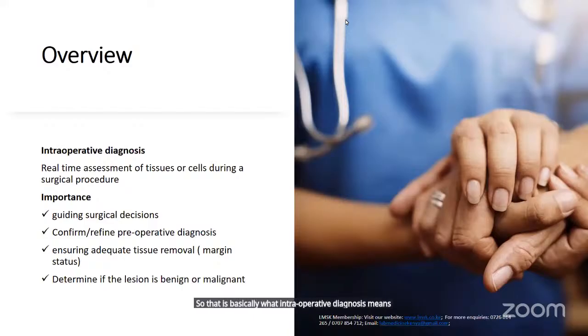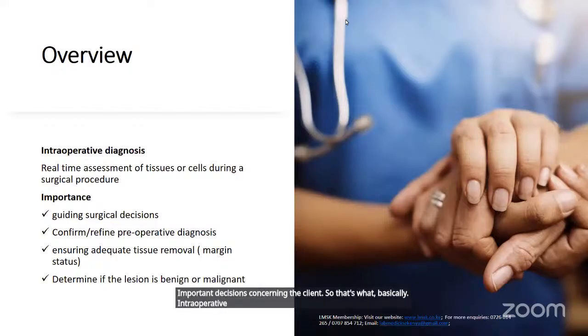We take a sample when the patient is on the operating table, the sample is processed, and the results are released immediately. The results aid the surgeons in making important decisions concerning the client. So why is it important?